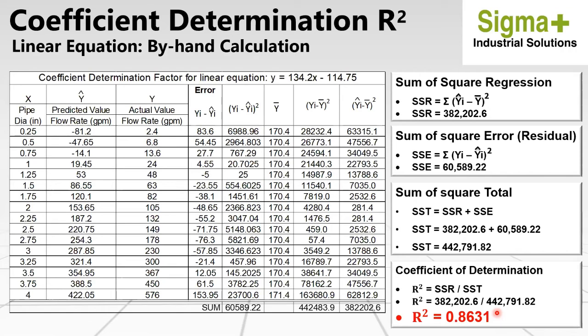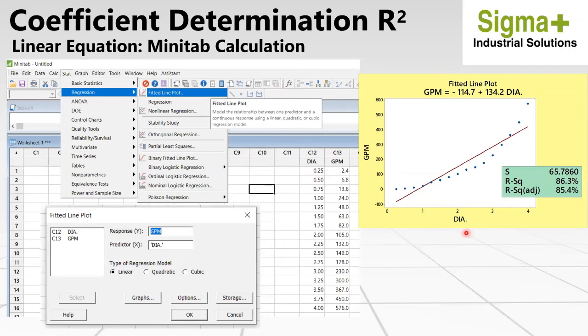13.7%. Now, if we want to calculate the coefficient of determination R squared through Minitab, simply the first step, I will copy and paste my table into Minitab as shown, and then I will go to Stat, Regression, and I select the Fitted Line Plot.